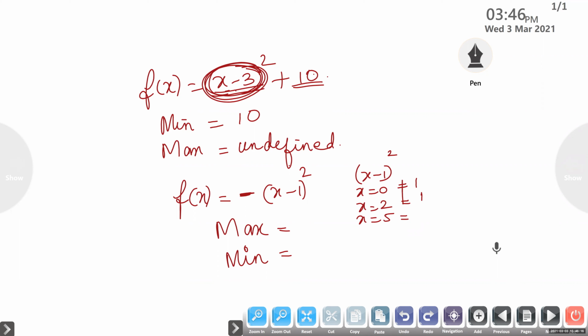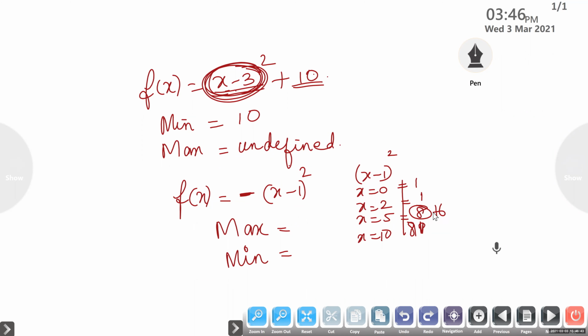When x is 5? Ma'am, 8. When x is 10? 18, or 81? Ma'am, 81. Here, when x is 5, is it 8 or 16? 16.